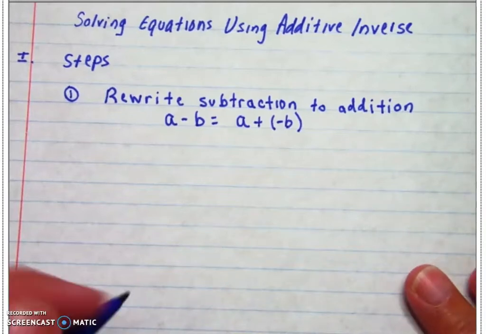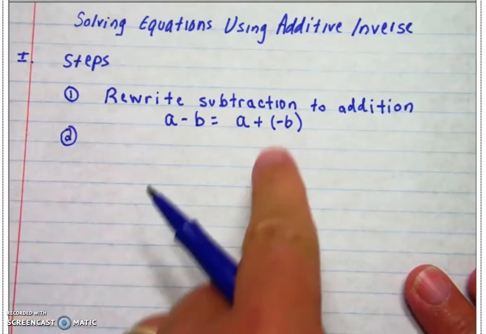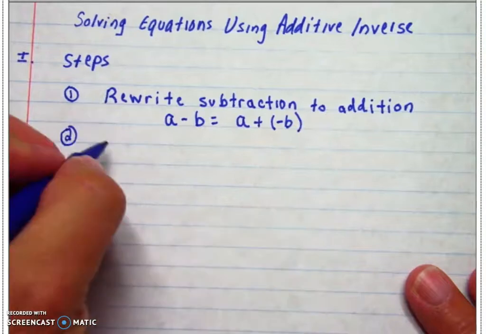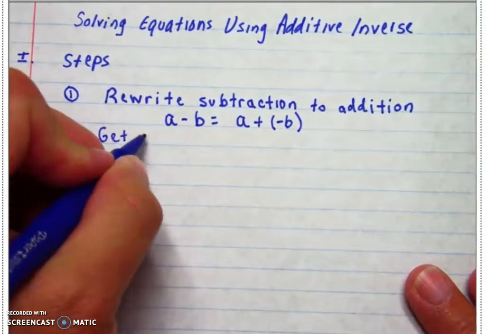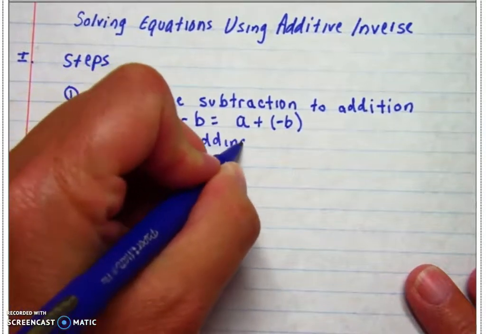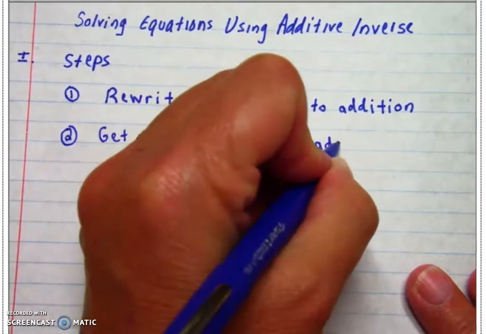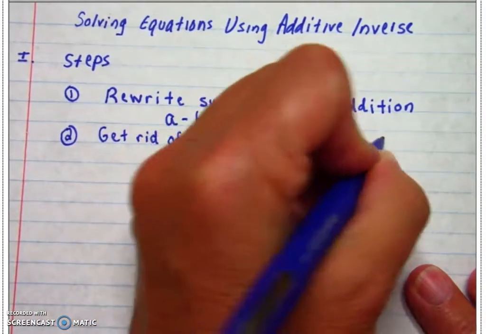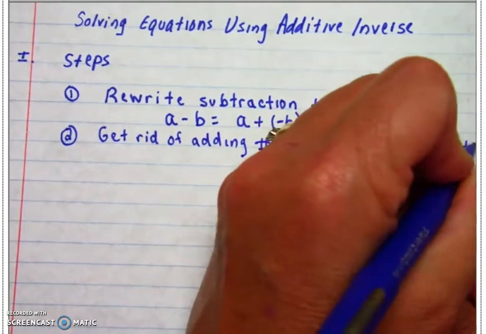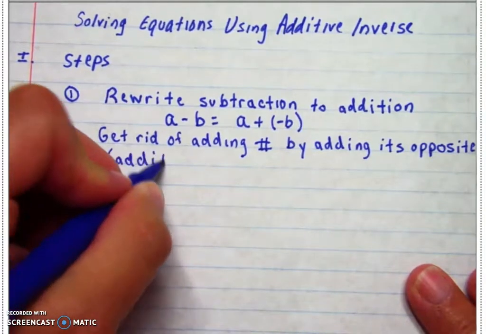Okay? And then the next step is, we want to get rid of that adding number, because now we switch it to an adding number. So to get rid of the adding number, we add its opposite, and that's the additive inverse.